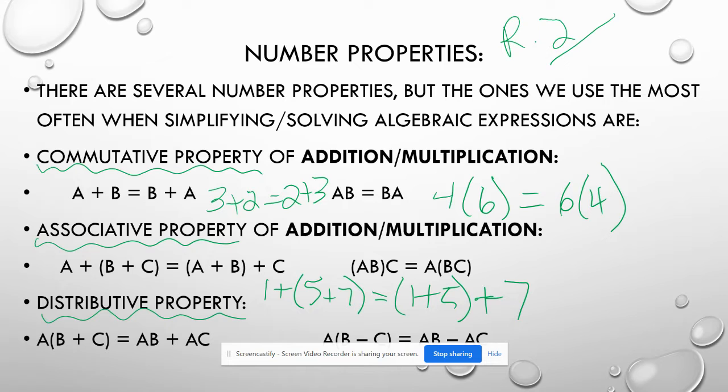Or if we're talking about multiplication, 2 times 6 times 3 would be the same as 2 times 6 times 3. And then the distributive property, distributing from the outside to the inside, and you can have either adding or subtracting in with that property.